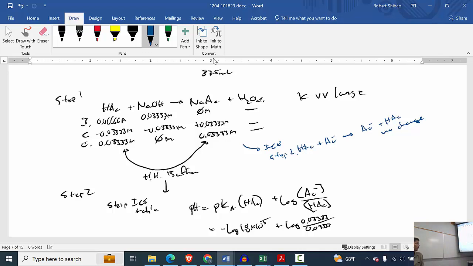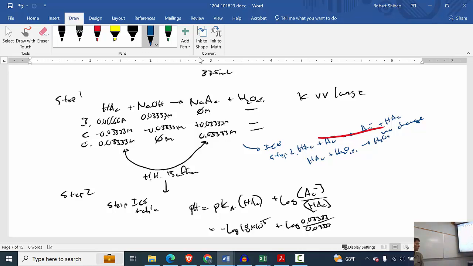Then, okay, what we'll have to do is, instead of doing this as our step 2, we have to pick the strongest acid and the next strongest base. So the strongest acid, let's say, is HAc. The next strongest base would be H2O liquid. And this one works.